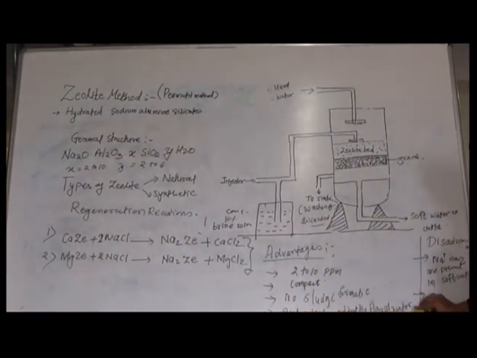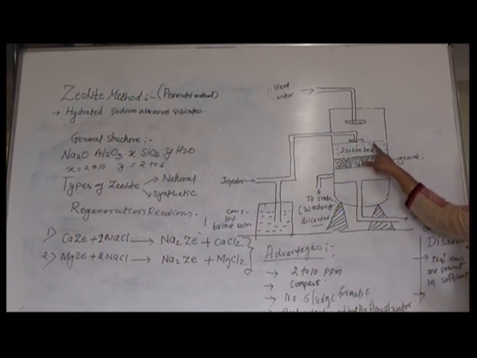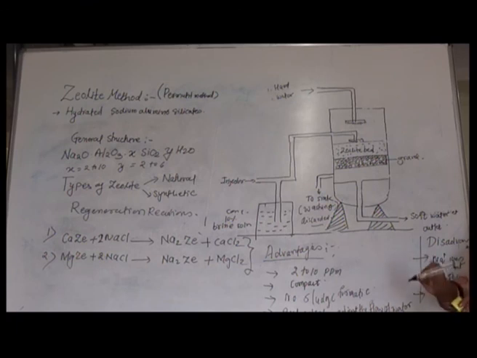Then the next disadvantage is, if we use turbid water for the softening, the turbidity blocks the pores present on the zeolite bed. So for this method turbid water cannot be used.